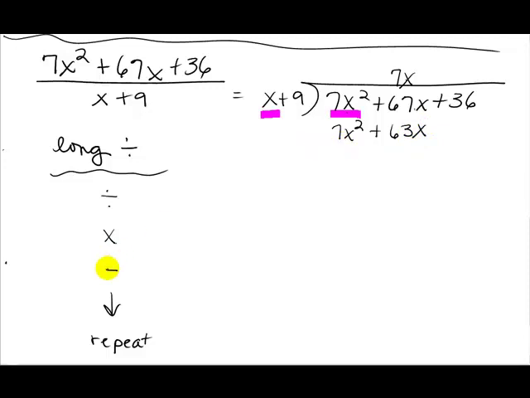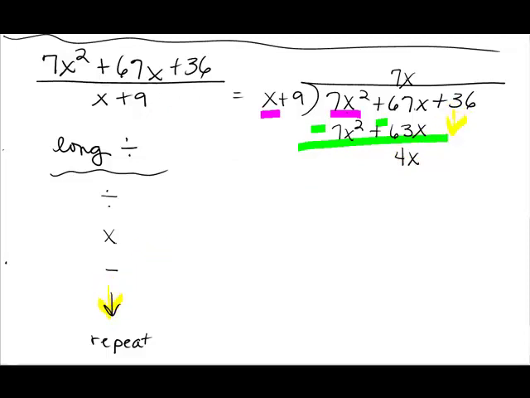63x. Our next step is to subtract, so we're going to subtract here and here. The first terms must cancel. If they don't, you've made a mistake. 67 minus 63 is going to give me 4x. My next step is to bring down.